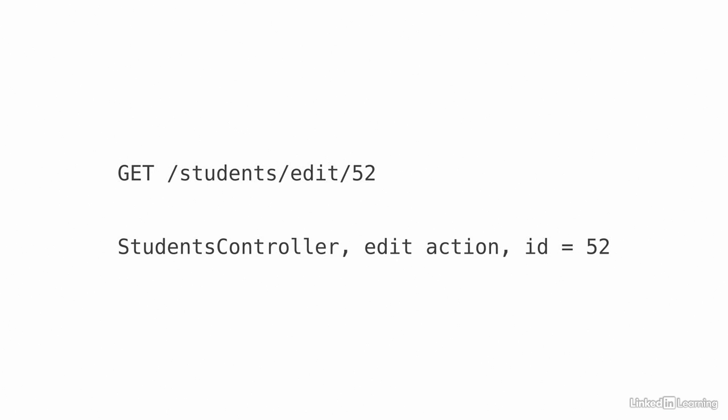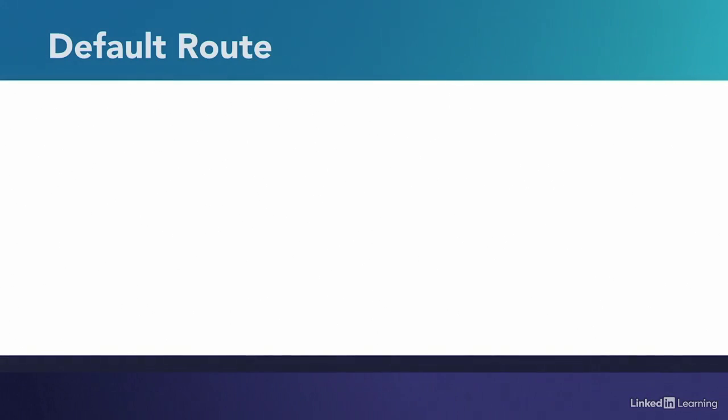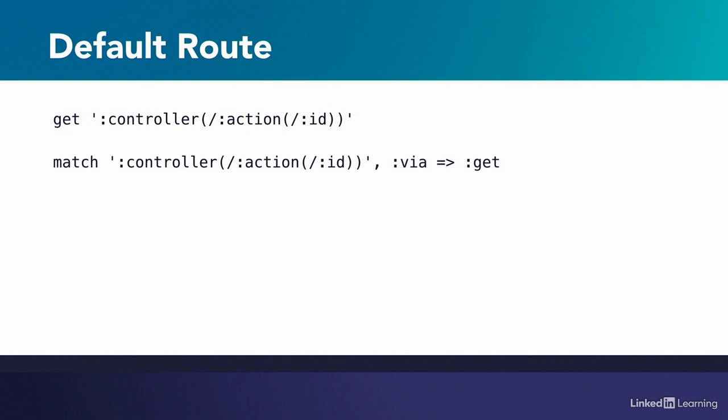But instead of specifically matching those exact strings to those places, the default route instead uses a pattern to describe it. So the way you add a default route to the routes file would look like this: get, and then controller, and then inside parentheses, action, and then inside parentheses, ID. You could also write it out a slightly longer way using match instead.